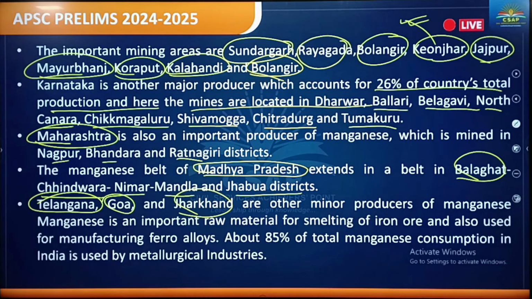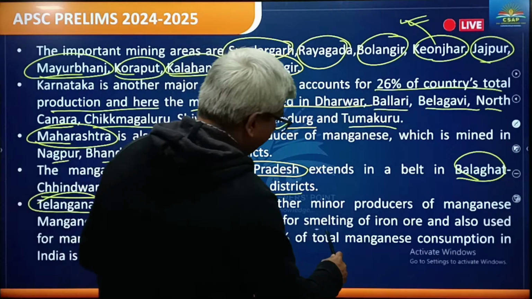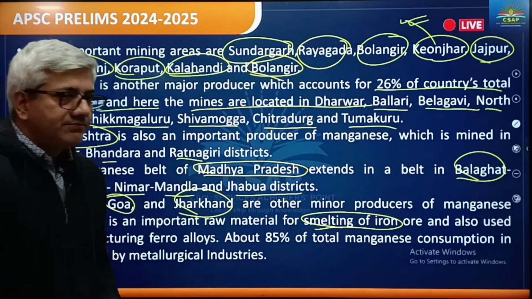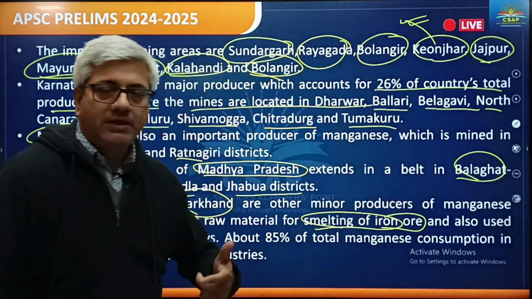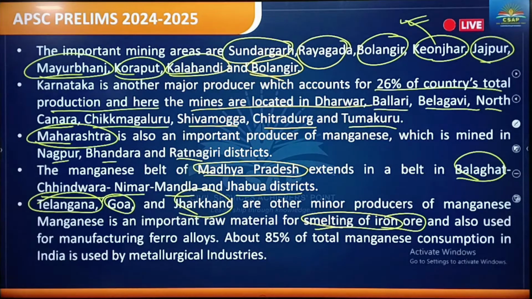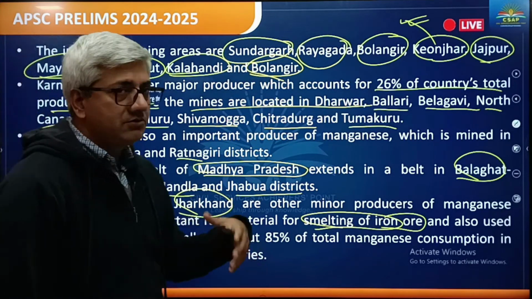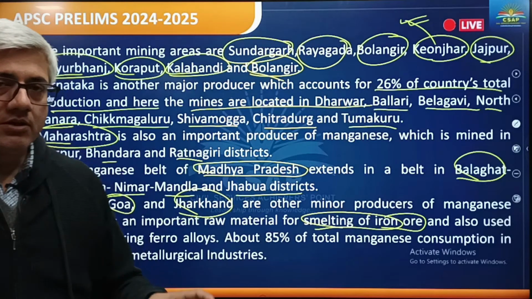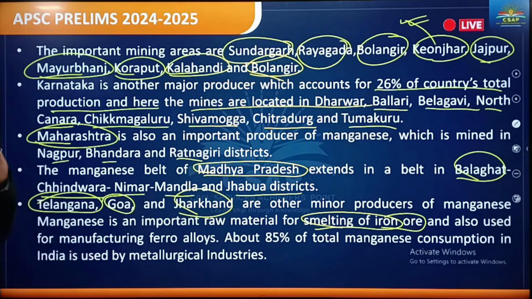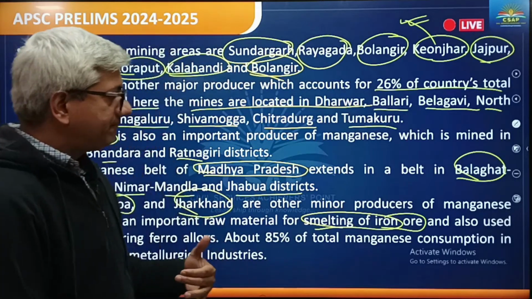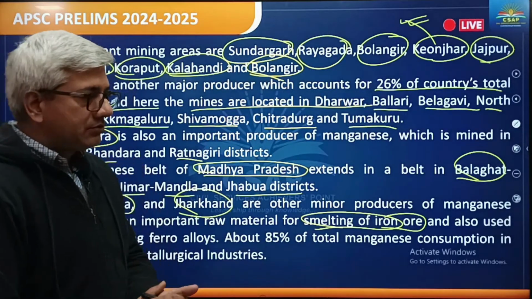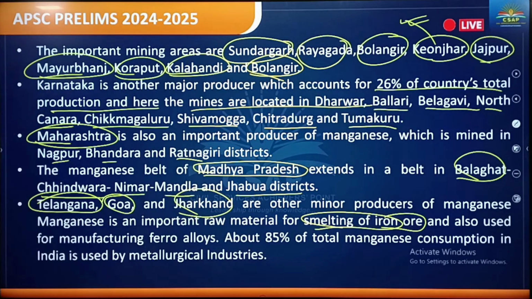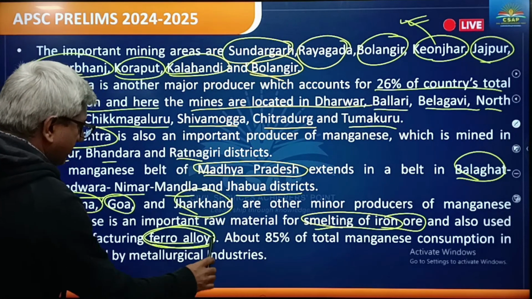Manganese is an important raw material for smelting of iron ore. Whether it is magnetite or hematite, whatever iron ore we get, we smelt it, which means burning it together with manganese, and from that we get the actual metal, called pig iron, then cast iron, then we use alloys and it forms steel. It is used for manufacturing ferroalloys in the iron alloys.